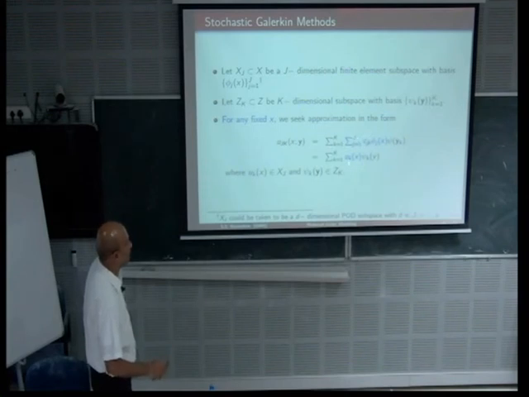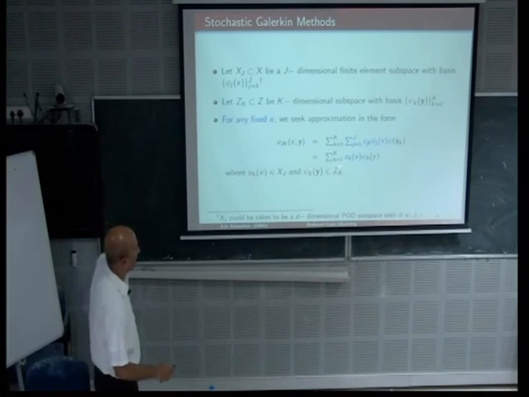This blue part is basically u_k, the deterministic part. So you can also write it in this form if you want. That gives you a separation of variables, a Fourier series type expansion, where u_k is the deterministic part and psi k is the random part.